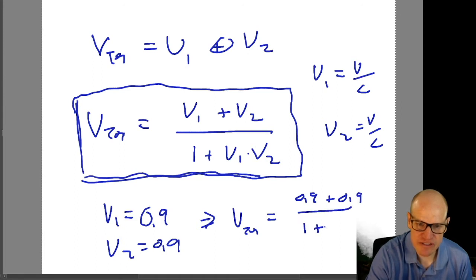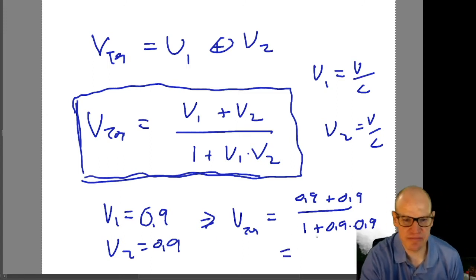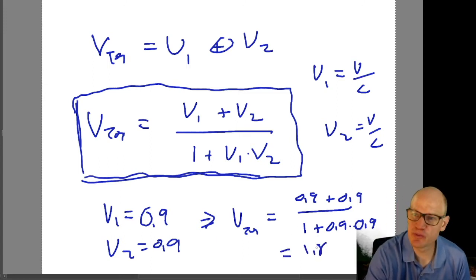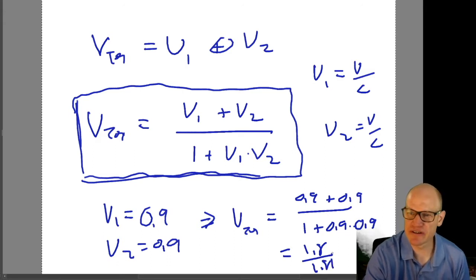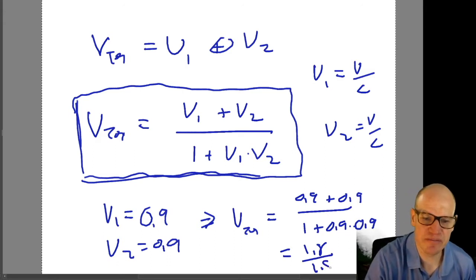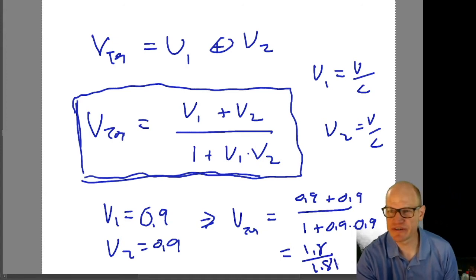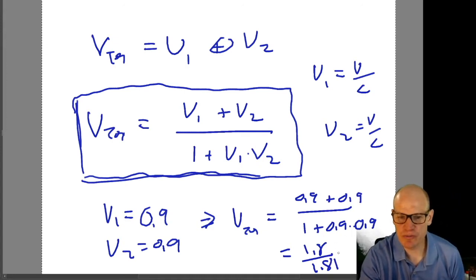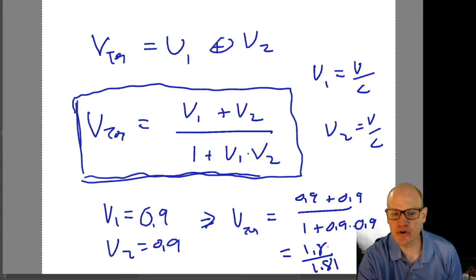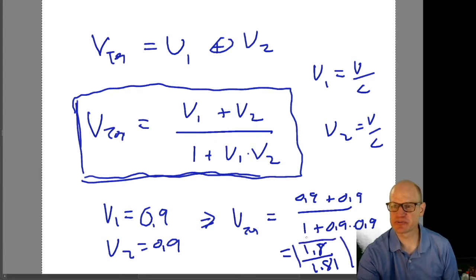And then 1 plus 0.9 times 0.9. So that's going to be 1.8 in the numerator divided by 1.81 in the denominator. You'll notice that the numerator is smaller than the denominator. So this quantity here is less than 1, so it's less than the speed of light.